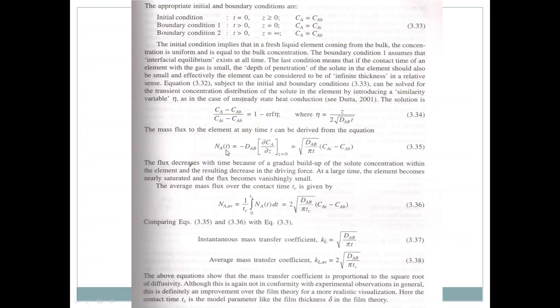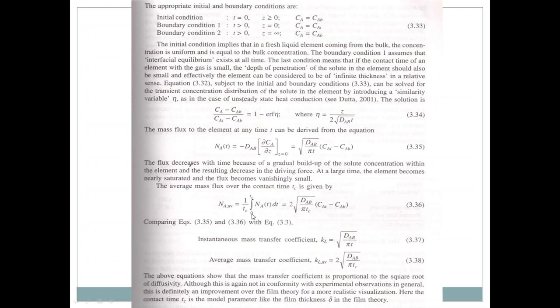Now what will be the flux at any contact? NA equals minus DAB dCA/dZ at Z equal to 0. If you take this dCA/dZ from the error function, it comes as root over DAB by pi t times (Ci minus CAb). This is for any contact. But what will be the average flux?